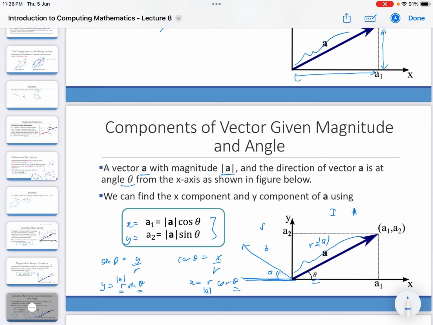So the x value here, which is cos, will be a negative value. The direction towards positive x is positive and the direction towards positive y is positive, so the direction towards the negative means x will be negative and y will be negative. So in vectors, the direction is very important. That's why we have to identify which one is positive and which one is negative.